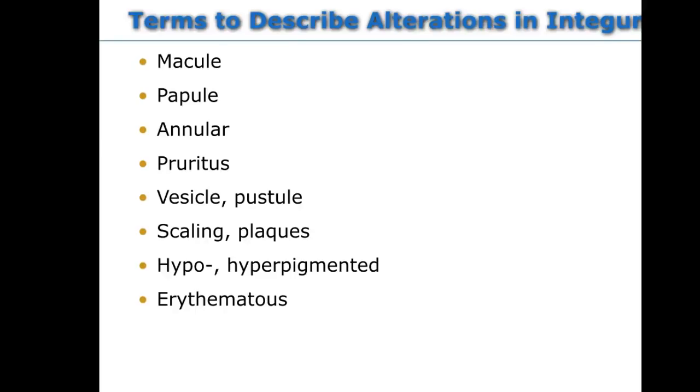Vesicle is a blistery type thing from chickenpox. Poison ivy, those are both vesicular lesions. Pustule is just what it sounds like. It's a pus-filled lesion. Scaling or plaques, those tend to go along with psoriasis, maybe ringworm. And hypo or hyperpigmented, either they're dark or they have no pigment. And erythematous means red and swollen.